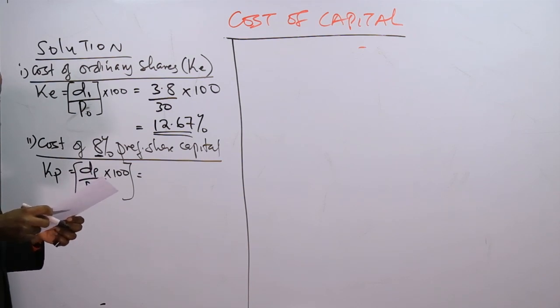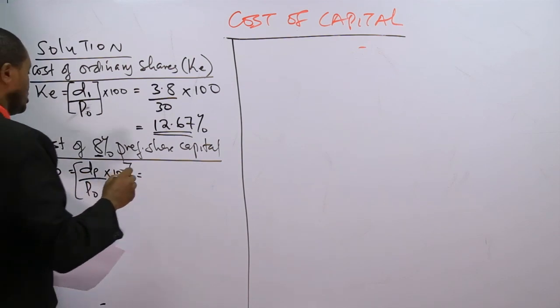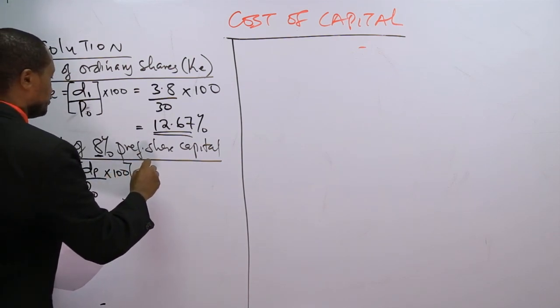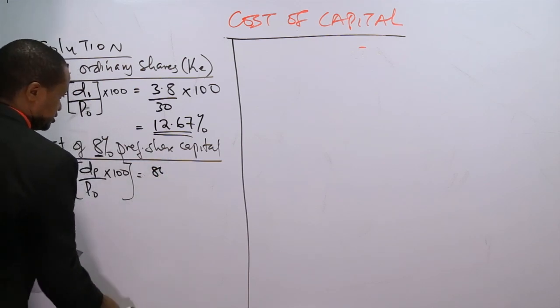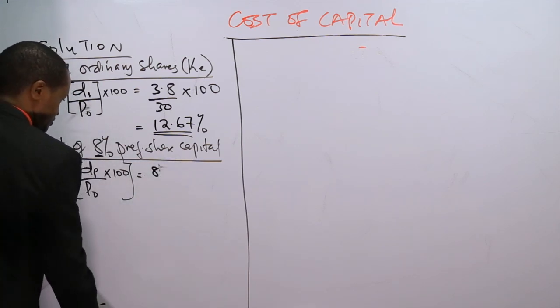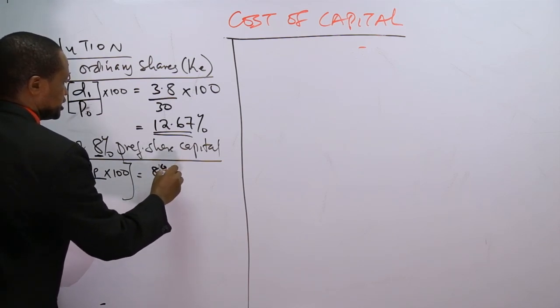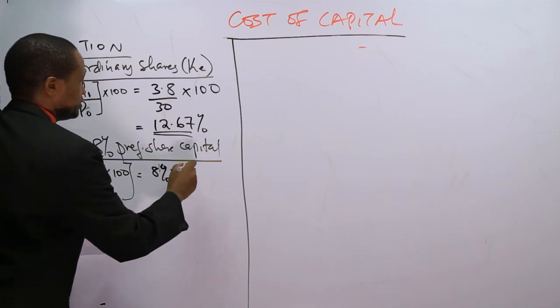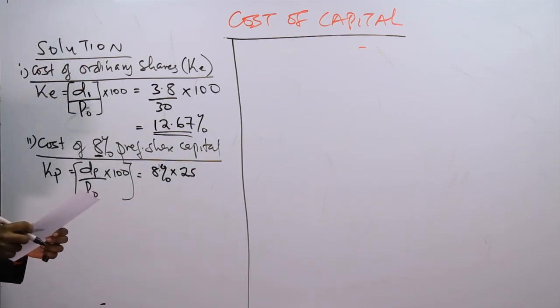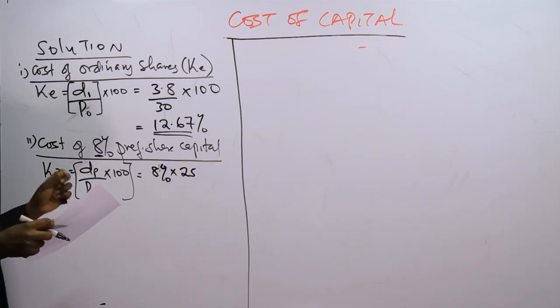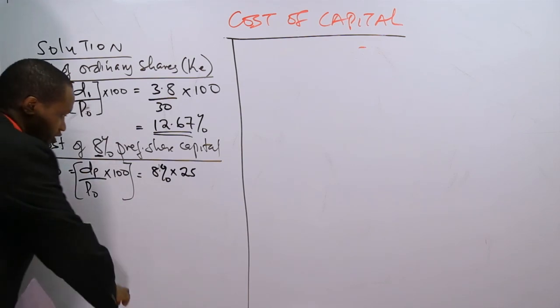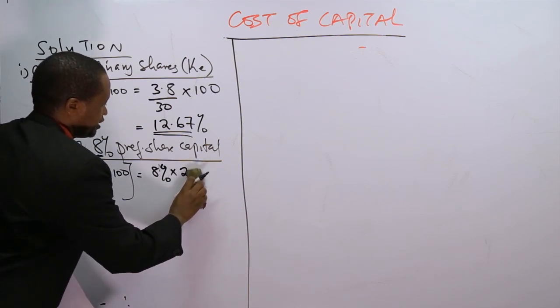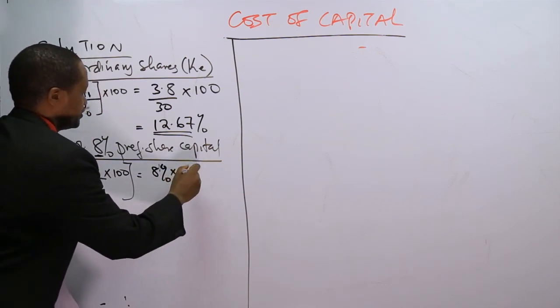So the dividend per share will be the rate of 8% times the par value, which is 24. 24 is the par value for the 8% preferred stock.